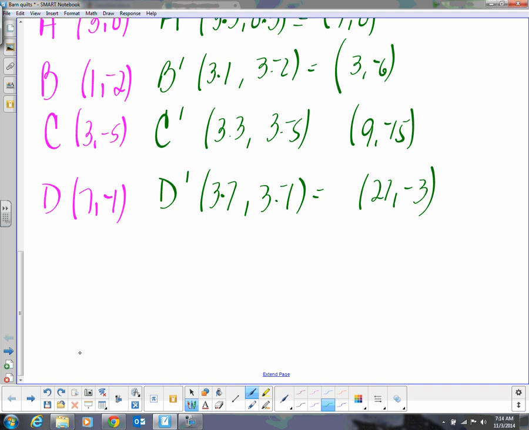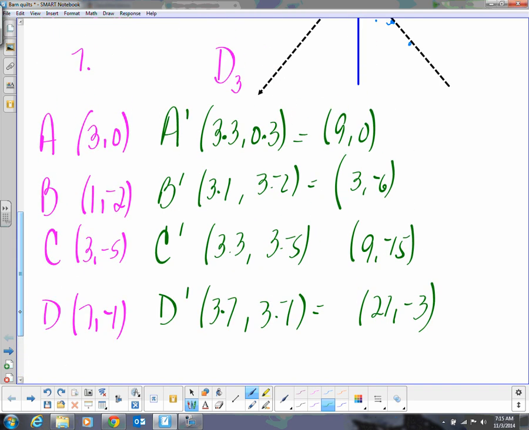Number 4, that is a fraction. Oh, this is the same ordered pairs, correct? Okay, so we're going to do this now. I'm changing this to number 4.